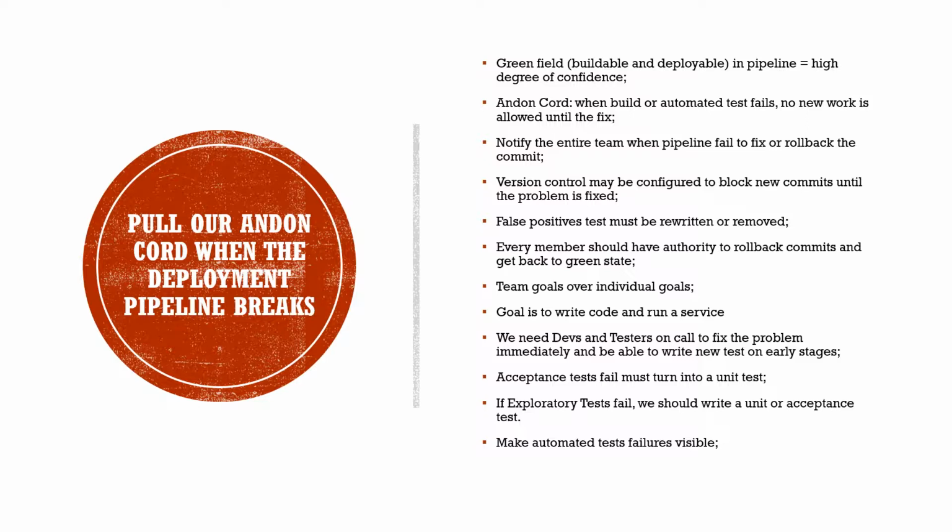The Andon cord gives the worker the ability and moreover the empowerment to stop production when a defect is found and immediately call for assistance, which results in a stop of production until the problem is fixed. Using the Andon cord gives every member the authority to roll back and get back to the green stage, which is the deployable state, so they can make the changes and fix the problem.